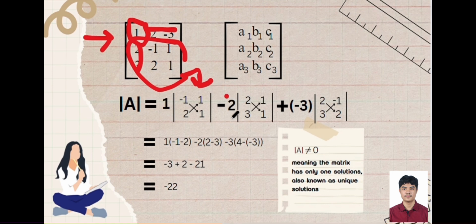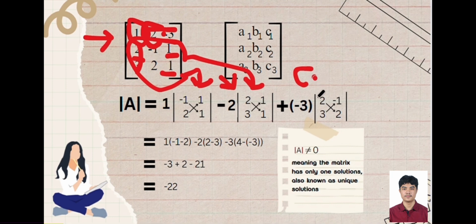Same goes with this one. I choose negative 2, which is in the first row and second column, and left with 1, 1, 2 and 3, and we put them in this box. Same goes with the C1 number.